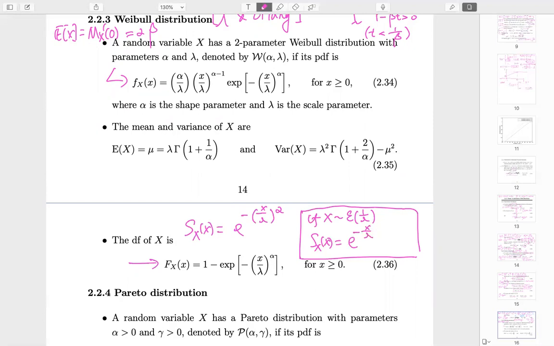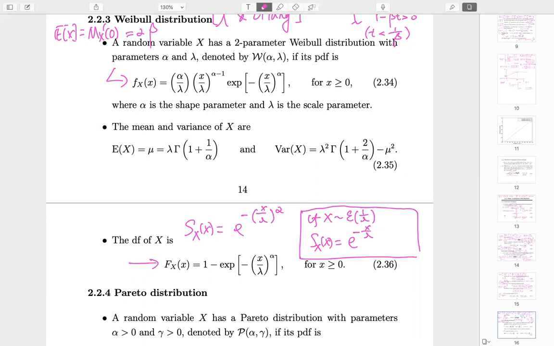By the way, that is why in many textbooks people use 1 over lambda to replace our lambda. From here you can easily see the connection between the Weibull distribution and the exponential distribution. The exponential distribution is also a special member of the Weibull family.